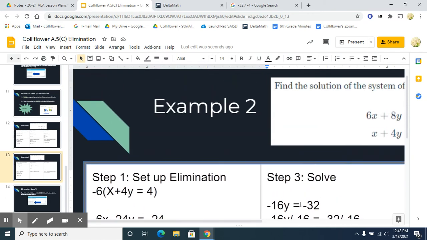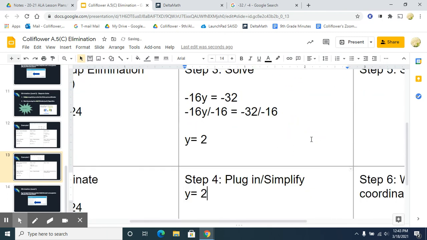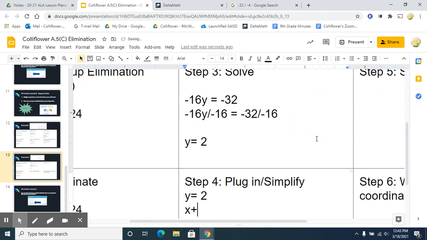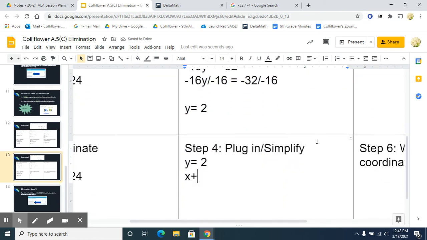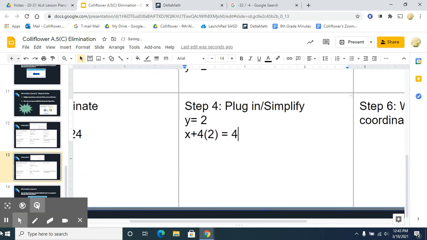So I'm going to take y equals 2, and I'm going to take my second equation and plug y in. So I've got x plus 4 times y, which is now 2, is equal to negative 4. Once I simplify, I get this equation: x plus 8 equals negative 4.